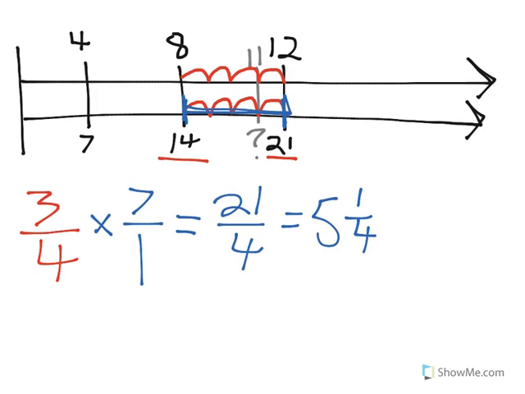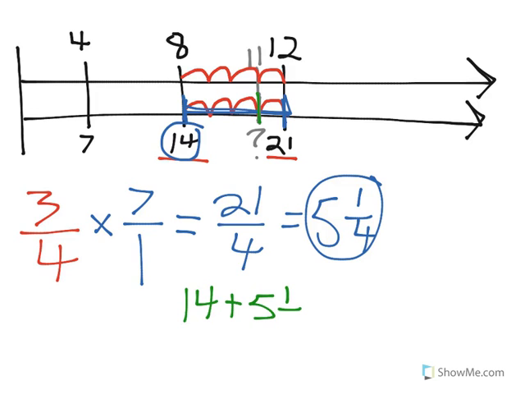Okay, now that we know that, we need to add this number to 14 because we're really trying to find what's right here. So I'm doing 14 plus 5 1/4. That's going to give me 19 1/4.